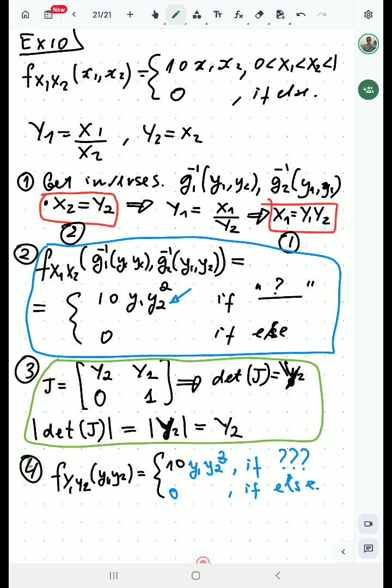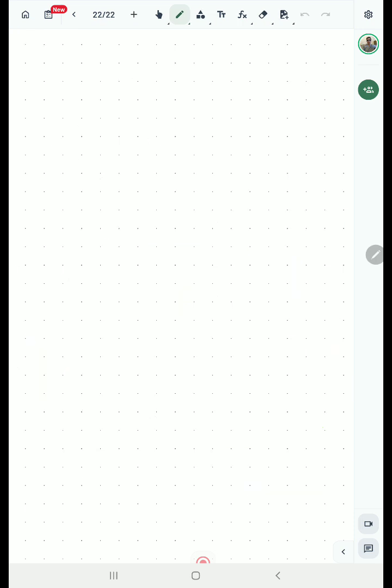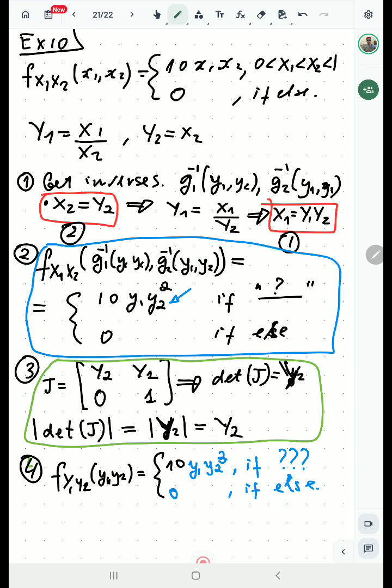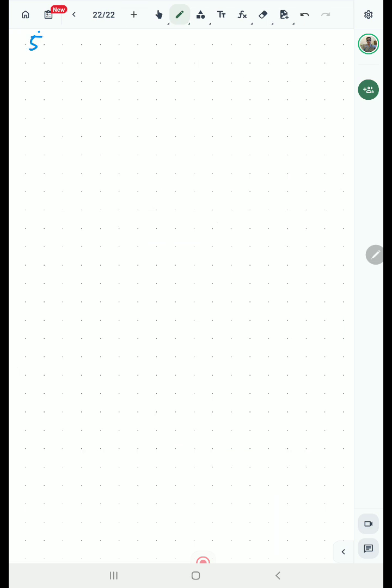What happens to y1 and y2? Now let's look at that. So this is the 5th step, intervals. How do we define that?